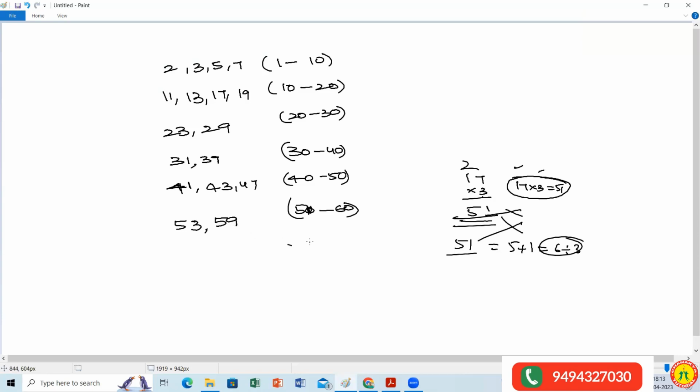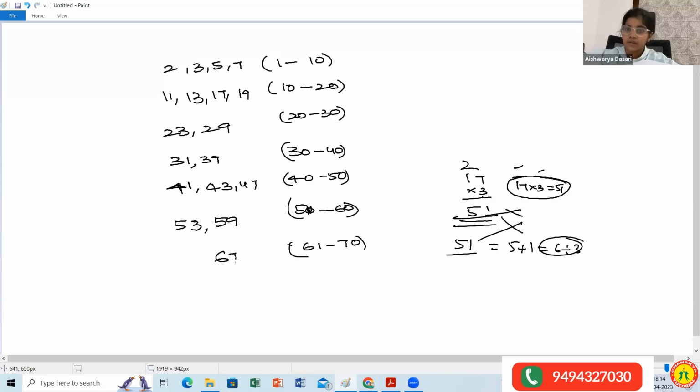Aishwarya, 61 to 70. Yes, ma'am. 61 and 67. What is the first number you said? 61. Then 67.